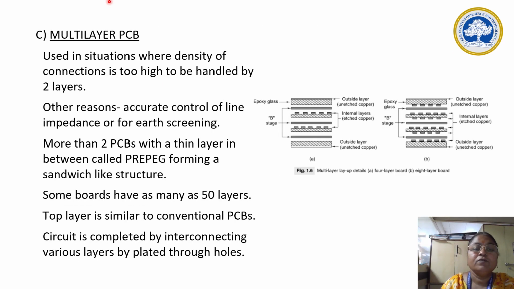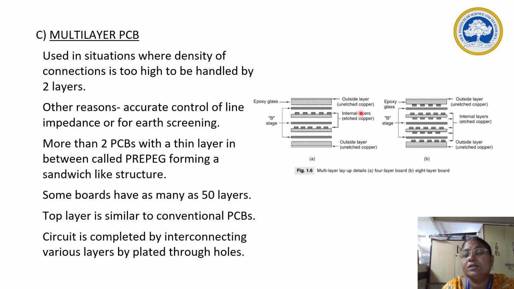When we go for a multi-layer PCB, you can see the outline of this multi-layer, where the details are given with respect to the outside layer. This outside layer is projected on top, and this one is at the bottom. Here the outside layer is with an unetched type of copper.